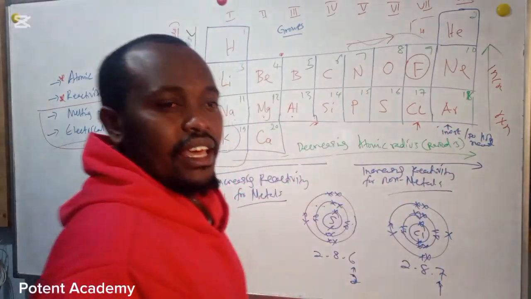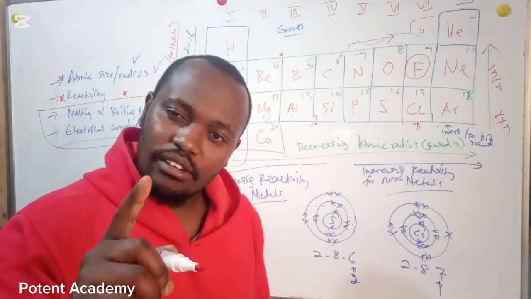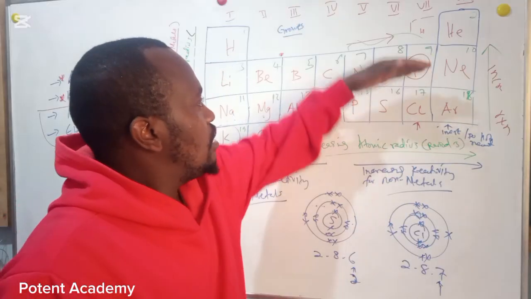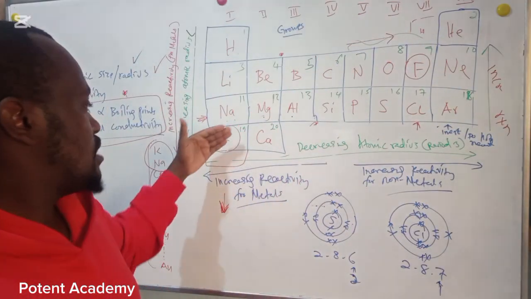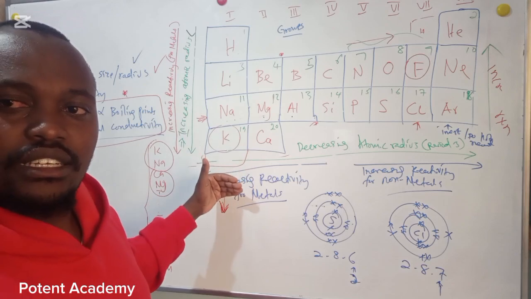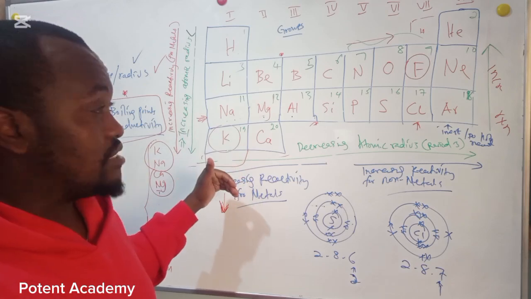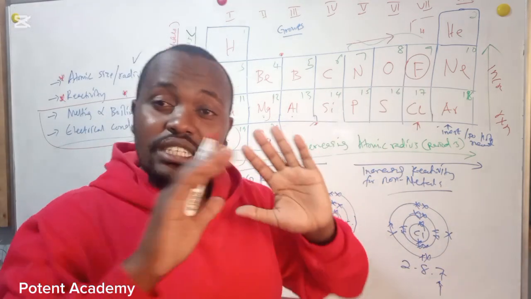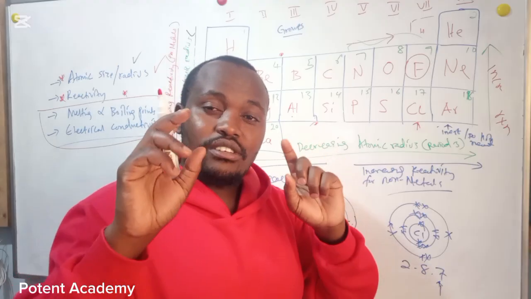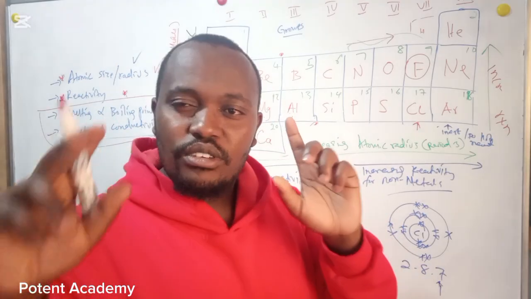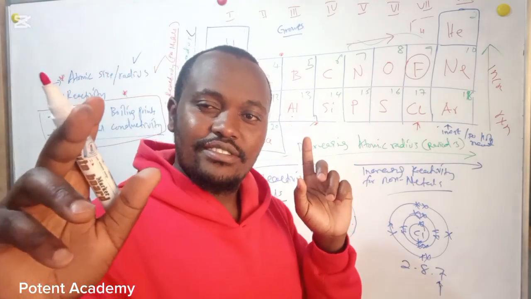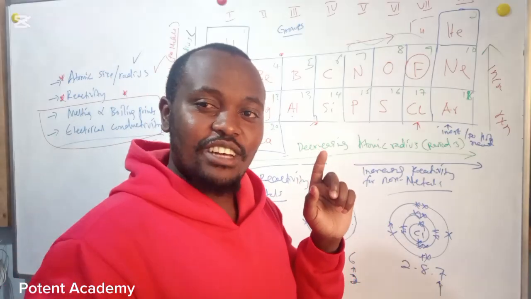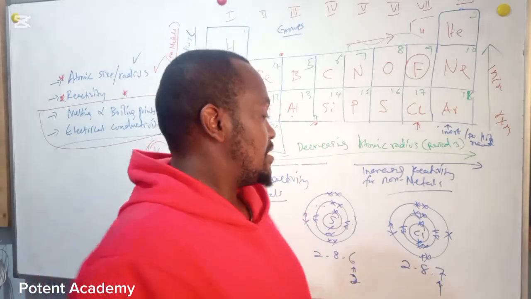So you can note the most reactive nonmetal is fluorine. There is no higher. Like in this case we have said, there could be others that are more reactive, but this one is the most reactive nonmetal. If a question asks which is the most reactive nonmetal? Fluorine, and you have it. You have learned something today.